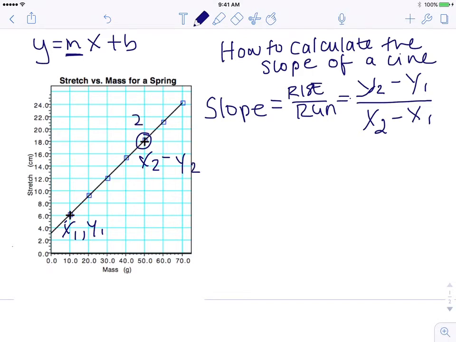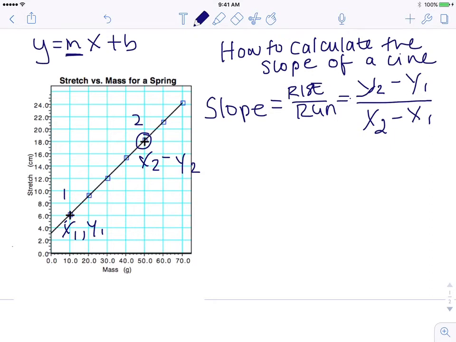This is our second set and this is our first set, and the only reason we call this 1 and 2 is because this point comes first along the best fit line when we're traveling in that direction.